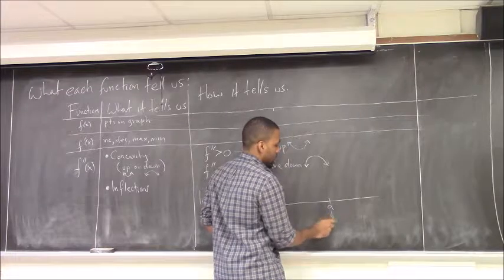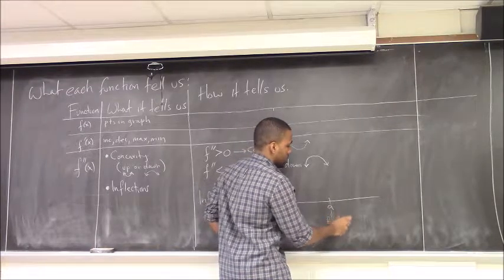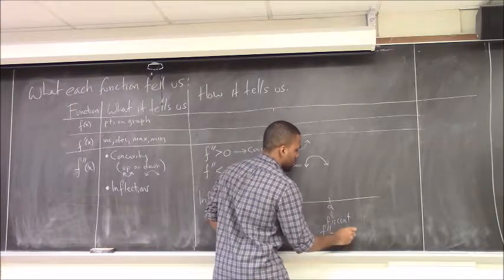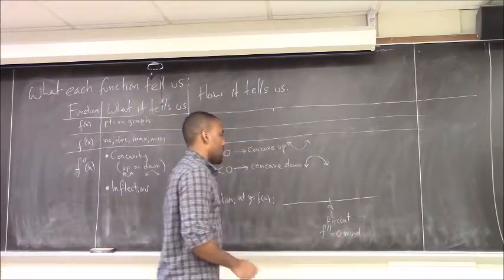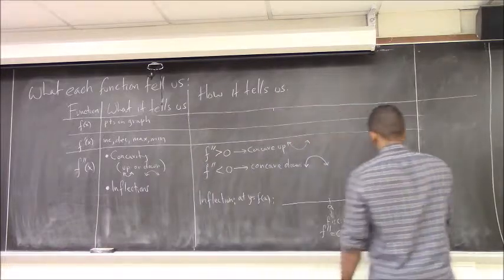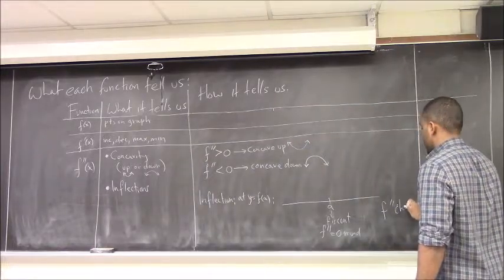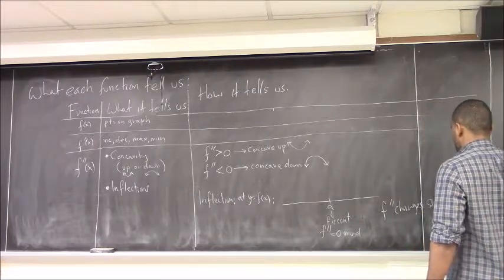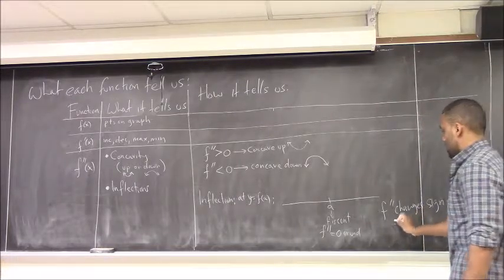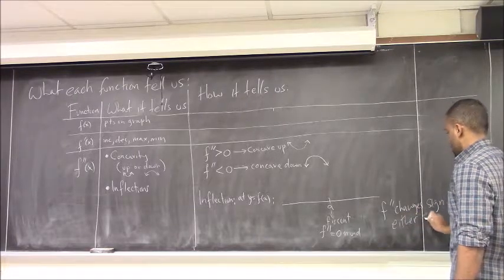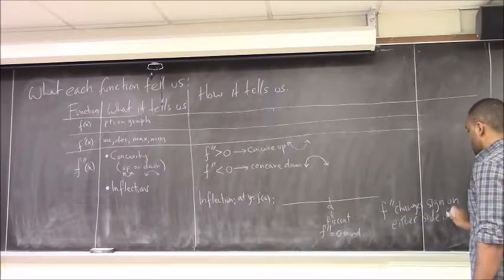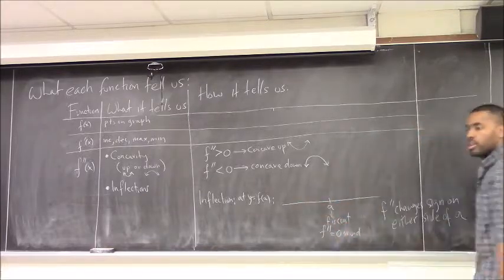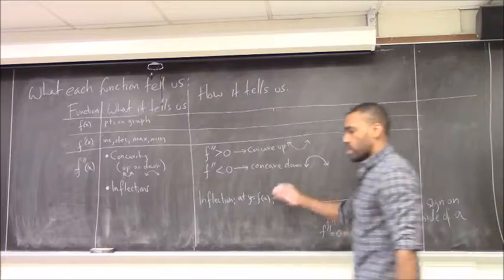So at a, f is continuous, f double prime is 0 or undefined, and f double prime changes sign on either side of a, meaning it switched from a positive to a negative or a negative to a positive. In either case, you will obtain what we call an inflection point.